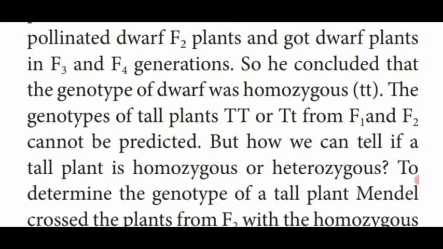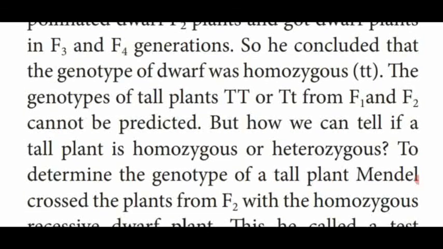Then the genotype of the tall plant is, what is that one? Capital TT. The capital TT or capital T with small t from F1 and F2 cannot be predicted.